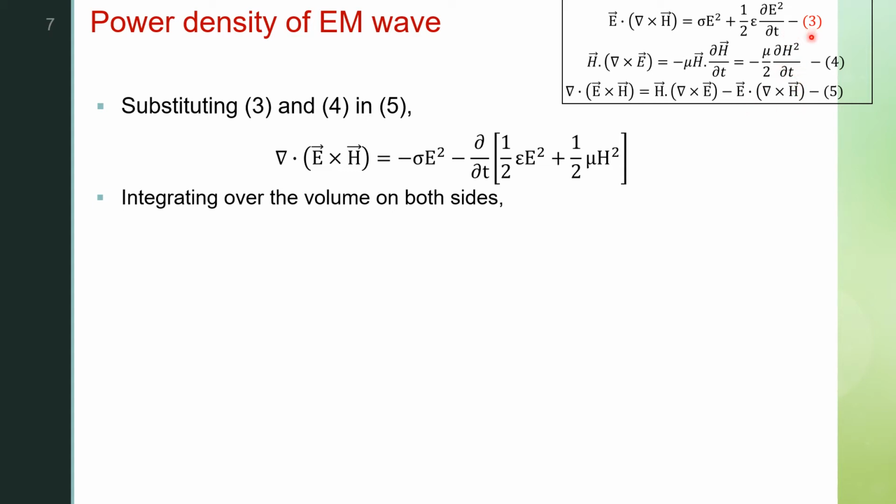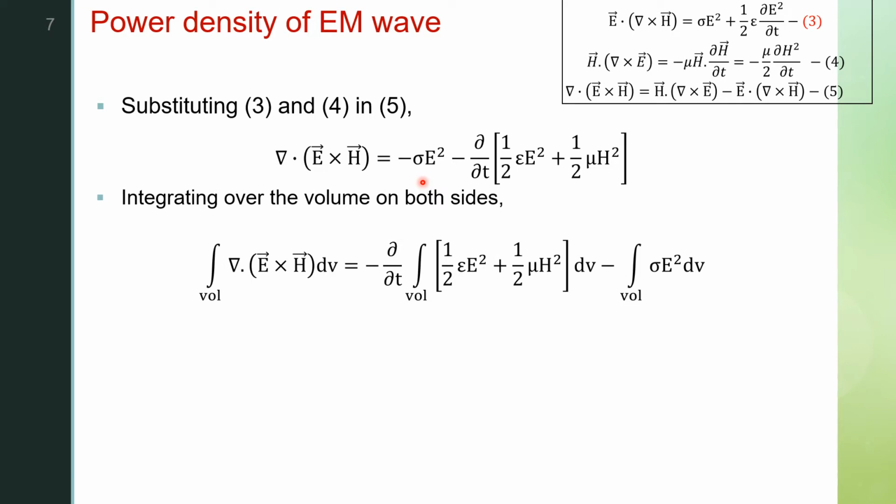From equation number 3, that is sigma E square plus half epsilon ∂E square by ∂t. So I have substituted for H dot del cross E and E dot del cross H, and you will get this expression: del dot E cross H is equal to minus sigma E square minus ∂/∂t of half epsilon E square plus half mu H square.